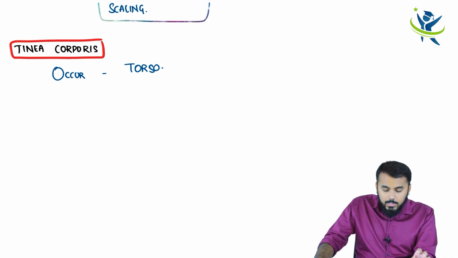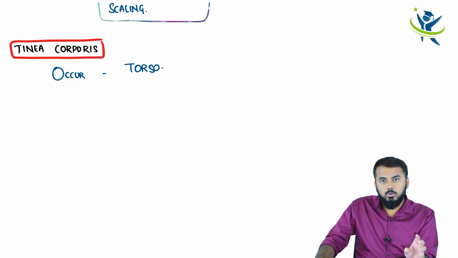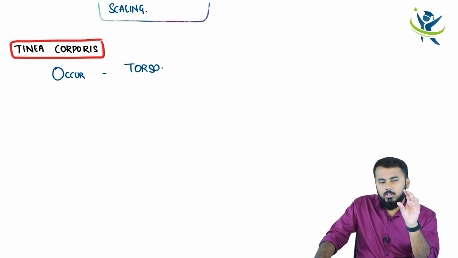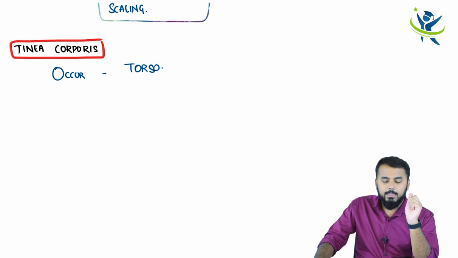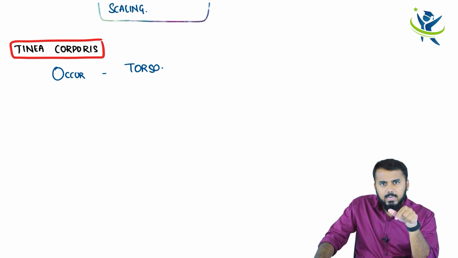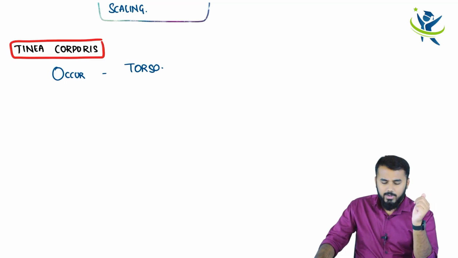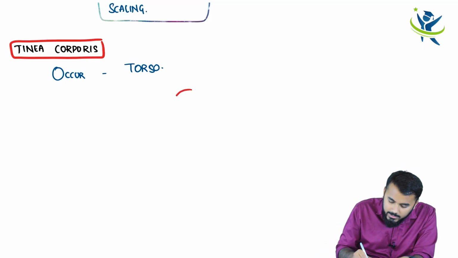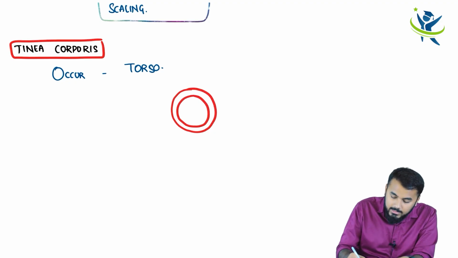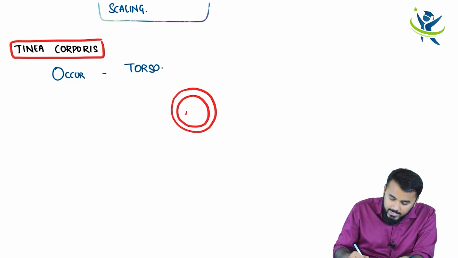When you look at the tinea corporis infection on the torso, there would be a specific rash, okay? You will see a red, erythematous rash with central clearing. How does the rash look, guys? There will be an erythematous border, and in the center you would find scaling.